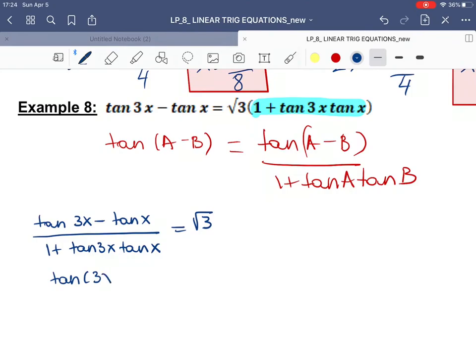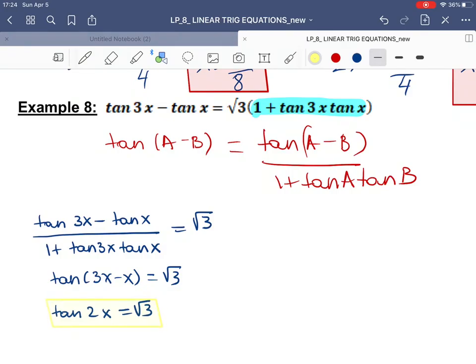So this would be tan of 3x minus x equals root 3. So that's tan 2x equals root 3. That's the most simplified form we can bring the equation in.